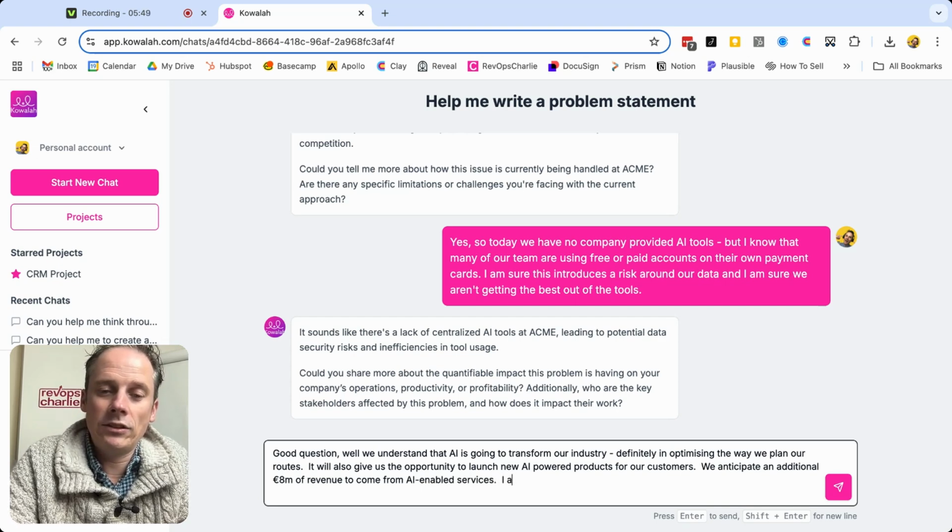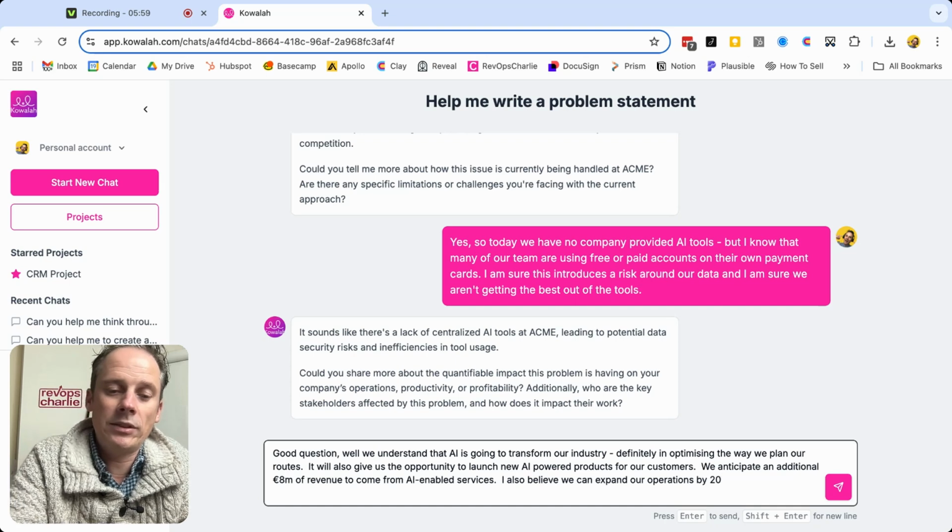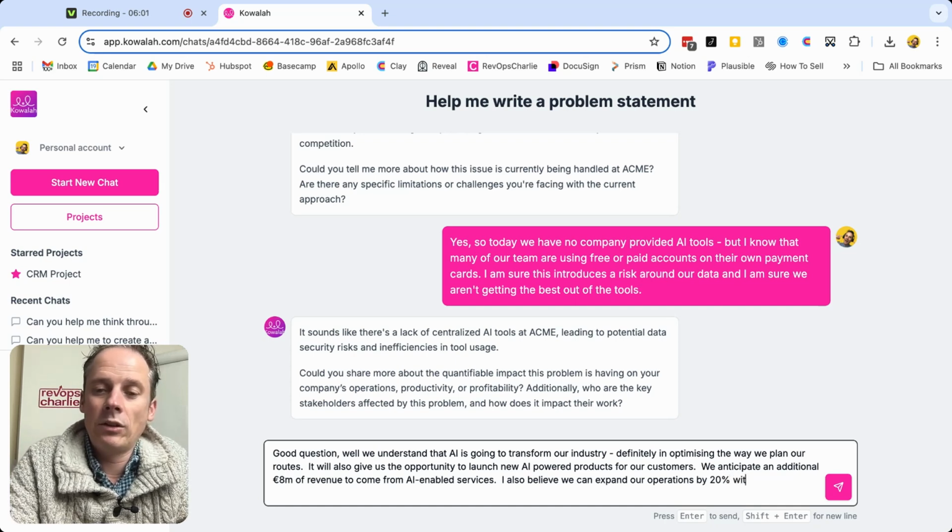I also believe we can expand our operations by 20% without having to hire in more people.